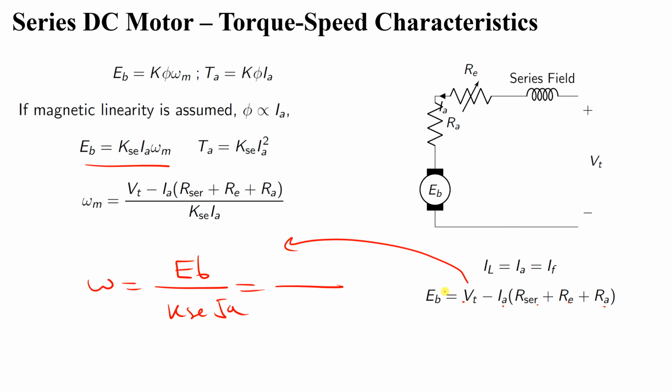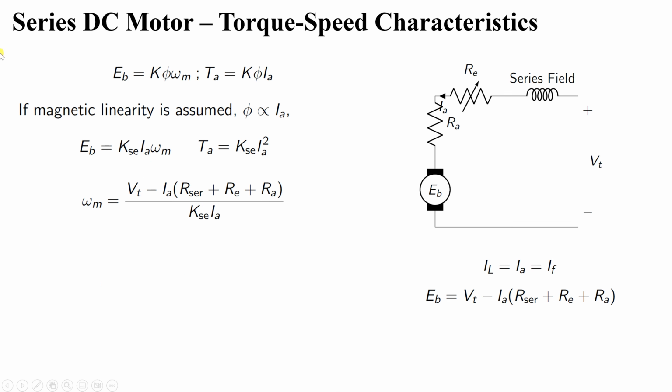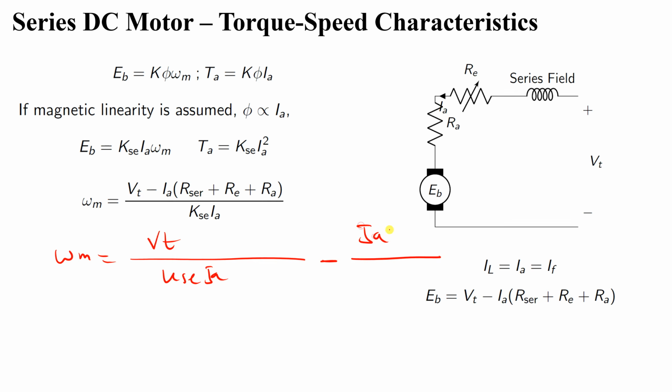Omega will be the same value divided by K series IA. Then we can divide this into omega M equals V terminal over K series IA minus IA R total, let's say R total for now for simplicity, over K series IA.